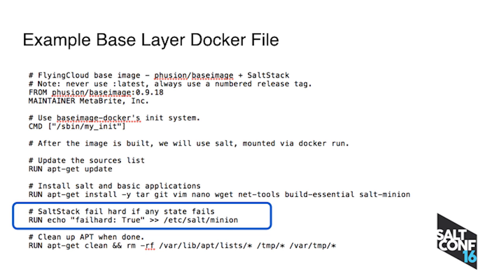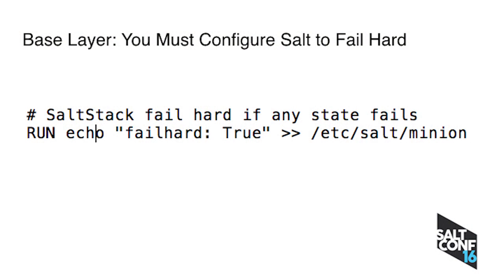Normally you don't do this on a production server, because you don't want salt to fail if one of your states fails; you want a best-effort kind of configuration on a running server. But here, you definitely want to do this, because you want your build to fail if you screwed up a salt state. You want your build to fail, and then you can go and fix it in CI or on your dev box.